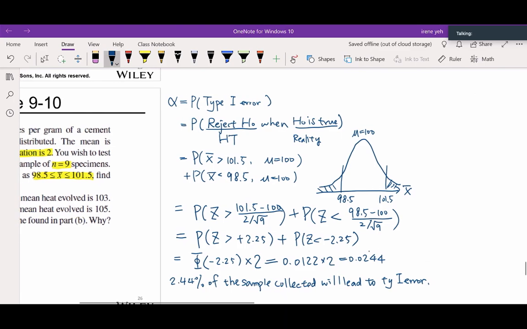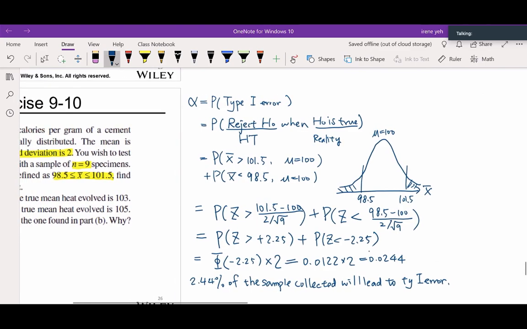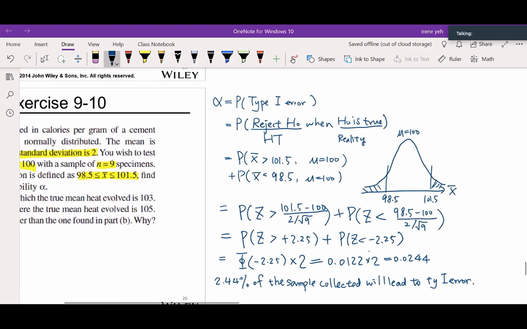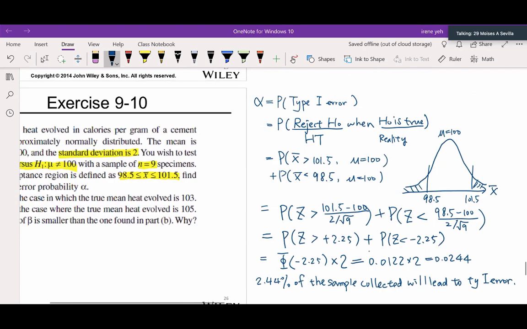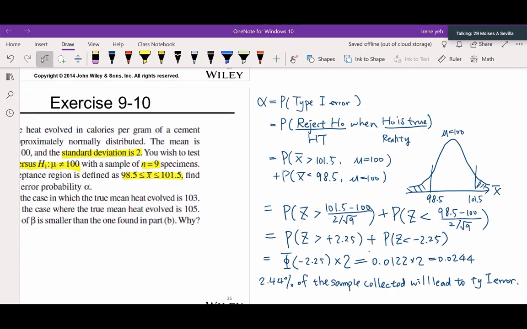There's no question. I'm going to move the screen slightly to the left so you can still complete. Do you want us to put it in percentage or leave it as a decimal? Either way it's fine, because it's a probability.